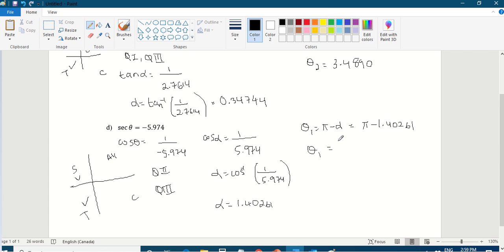Theta 1 will be then 1.73898. So basically 1.7390. And theta 2 here then, in the third quadrant, it will be pi plus alpha. So theta 2 will be pi plus 1.40261. We will get 4.5442, and that will be 2 of our answers.